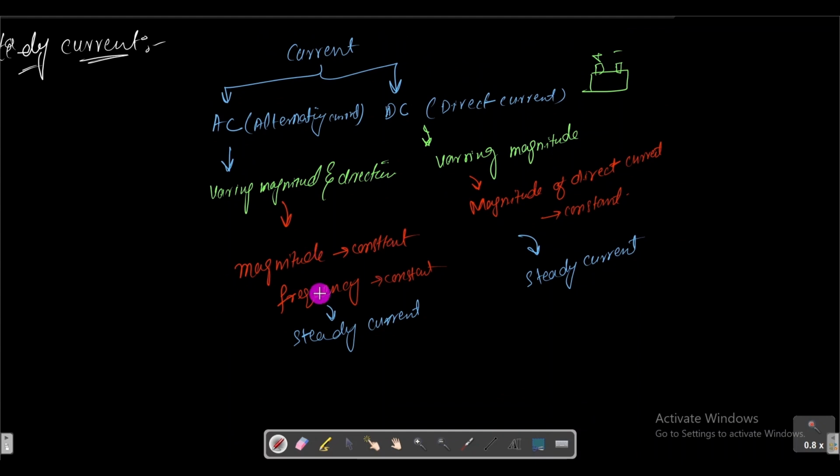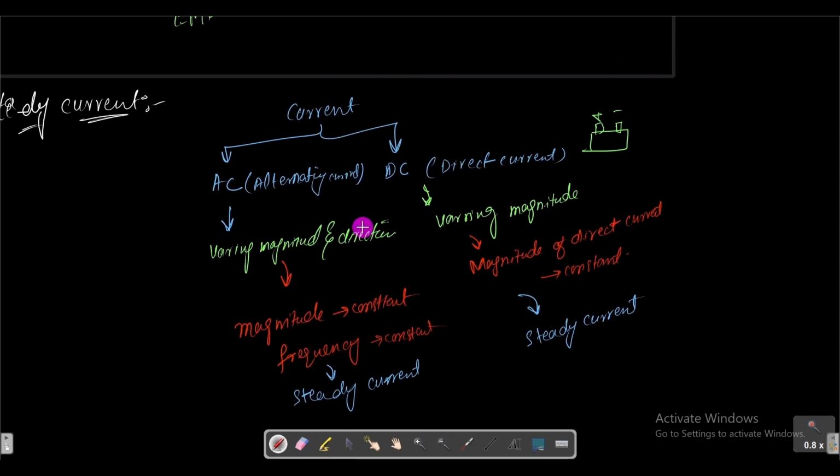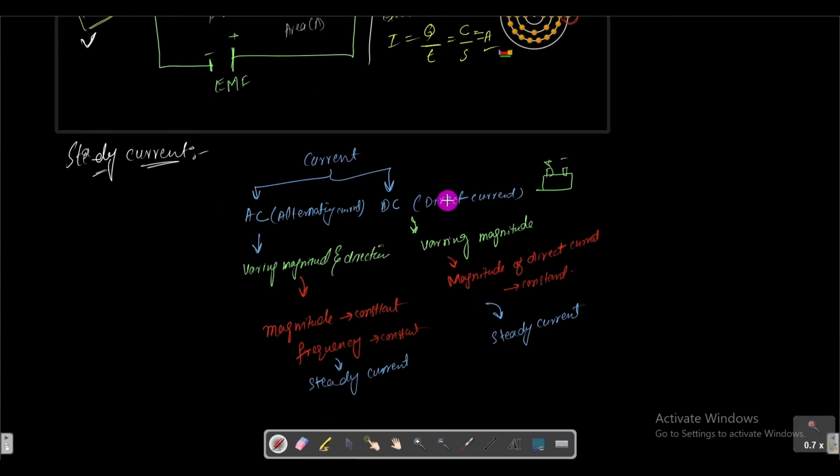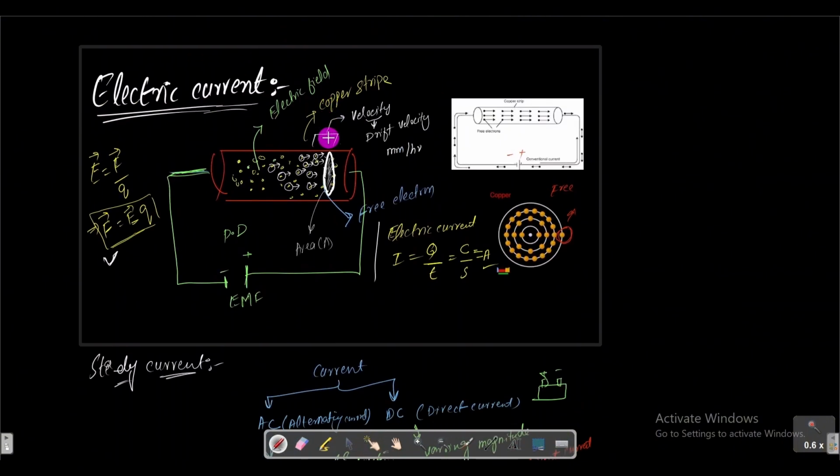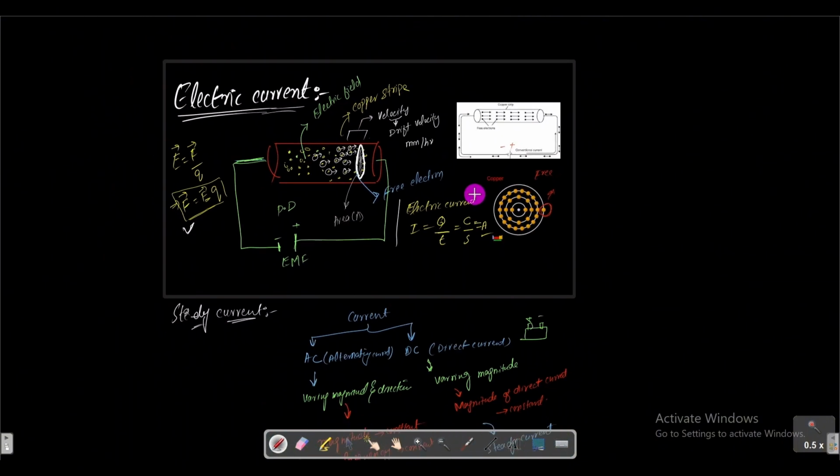Steady current is not associated only with AC or only with DC, but with both, if we take their magnitude as constant and their charge density as constant. So here is the concept of the electric current.